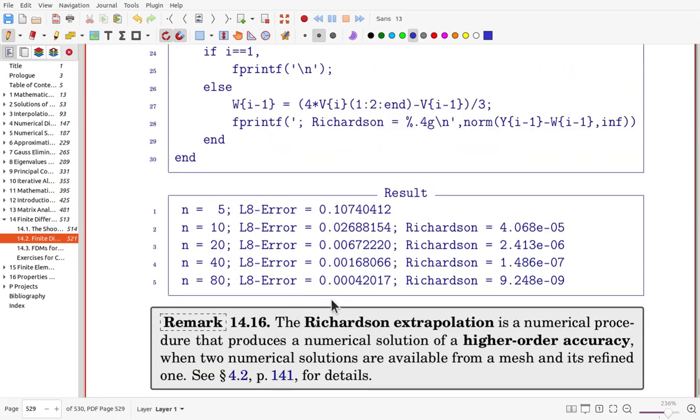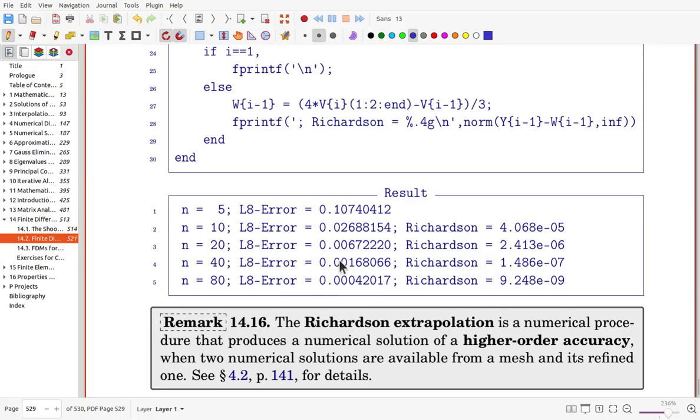Here, when n is 5, the L infinity error is this one. And again, go down. As you can see, the error is reduced by 4 when the mesh size is reduced by 2. So it is a second order approximation.